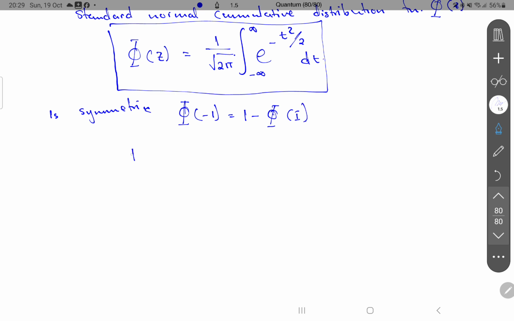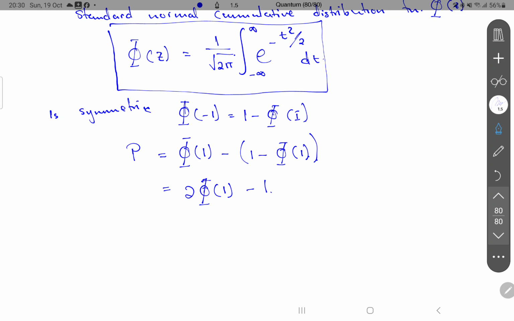So the probability is phi of 1 minus (1 minus phi of 1), which leads to 2 phi of 1 minus 1.